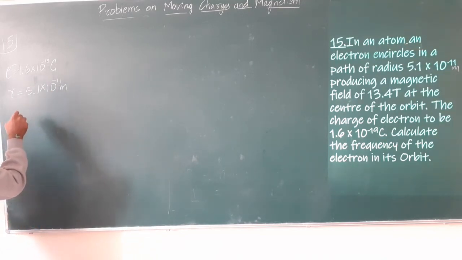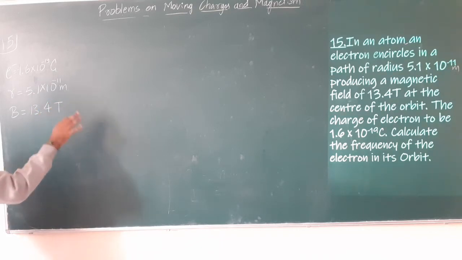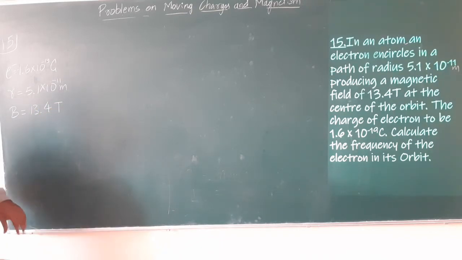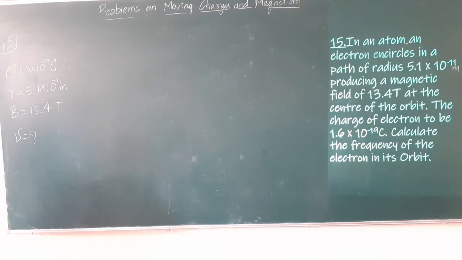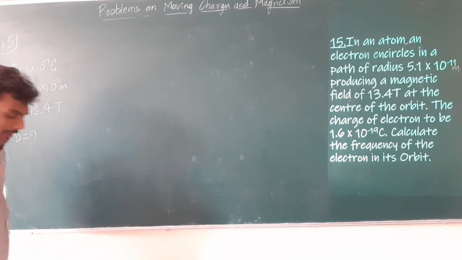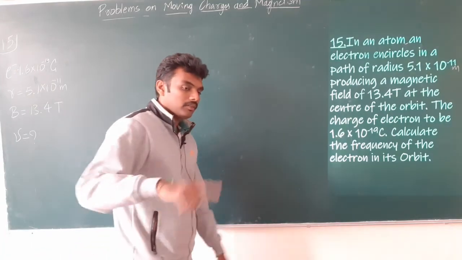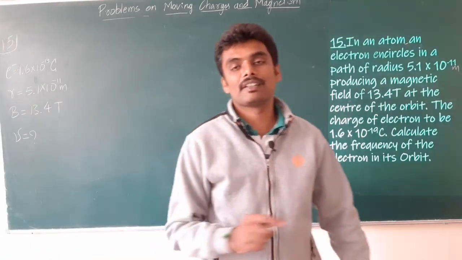The produced magnetic field due to this revolution of electron is found to be 13.4 Tesla, a huge magnetic field at the center of the orbit. We need to find the frequency of revolution, mu. So we have the magnetic field given and the frequency of revolution is asked.